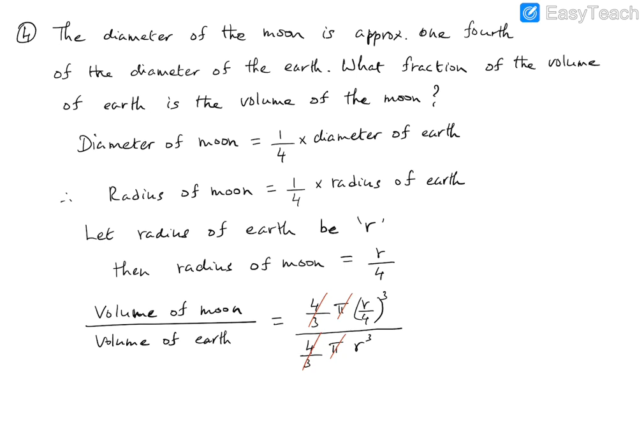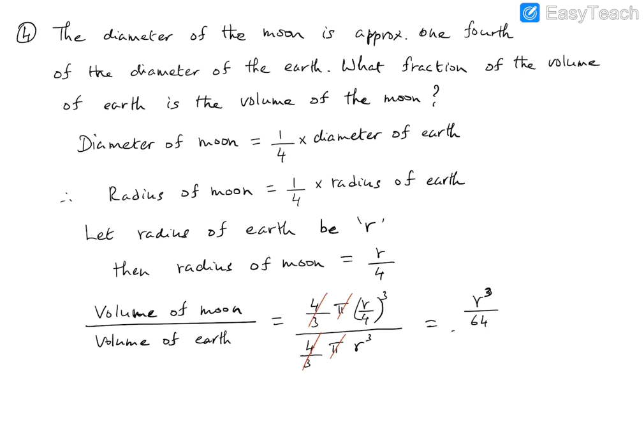So what is (r by 4) cube? That's r cube divided by 4 cube. 4 cube is nothing but 4 into 4 into 4, that's 64.